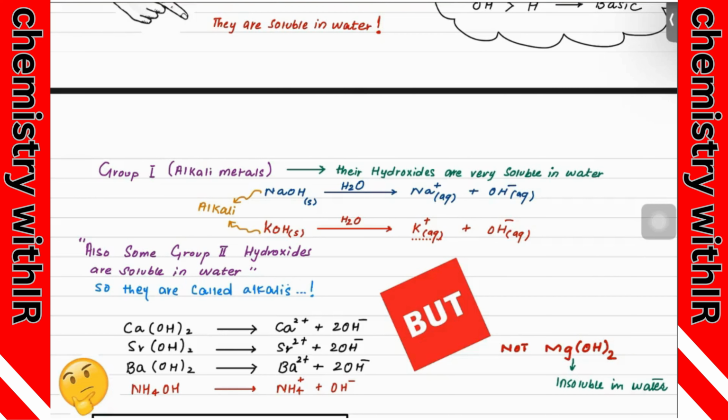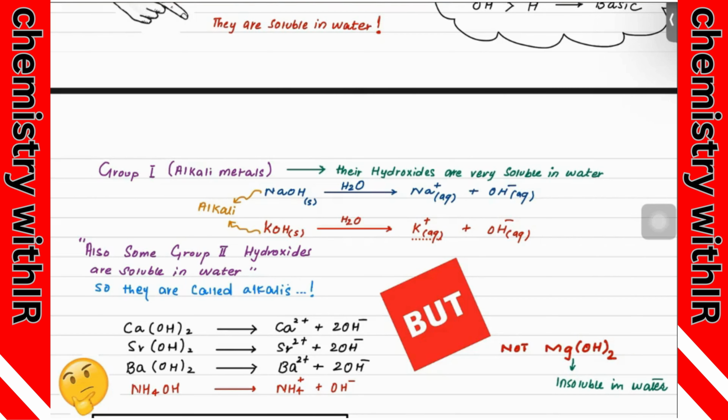And it doesn't have any oxide, hydroxide, or carbonate, so this is not a base. This is the salt. So you must be good at identifying the presence of acid and the presence of base.